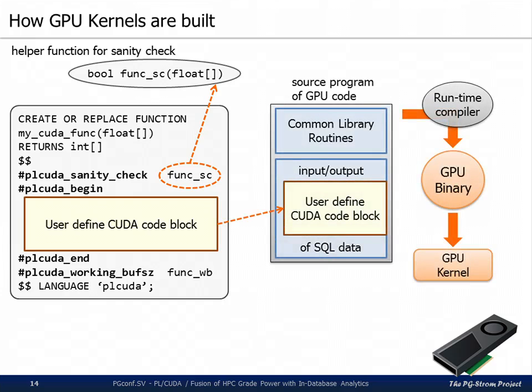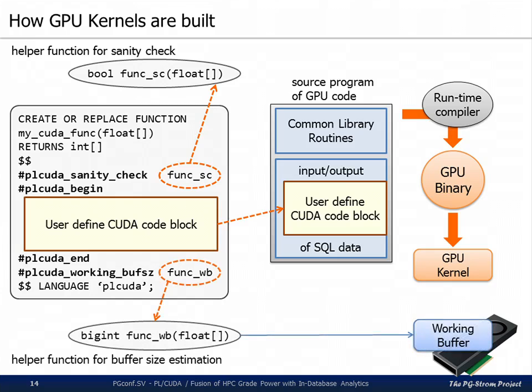And as I introduced, the CUDA code block is moved into the GPU kernel as is. This GPU kernel template supports input and output of arguments and a result set from the SQL world and to the SQL world.